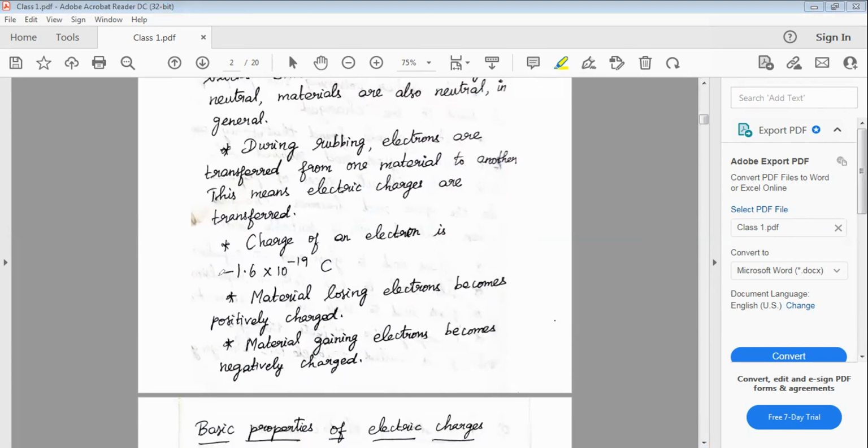So this is the value of the charge of an electron: minus 1.6 into 10 power minus 19 coulomb. When a material has an excess of electrons, it becomes negatively charged, and when a material loses electrons, it becomes positively charged.